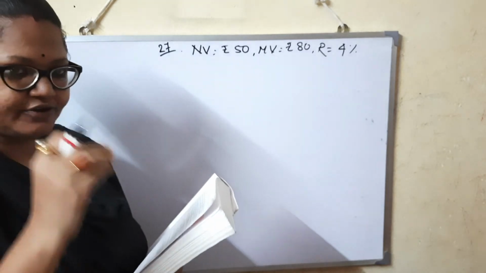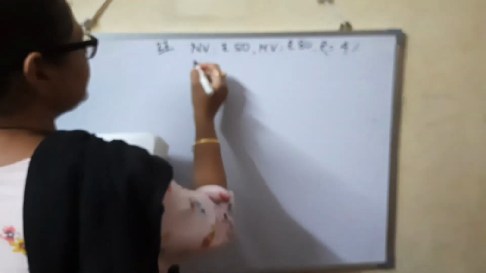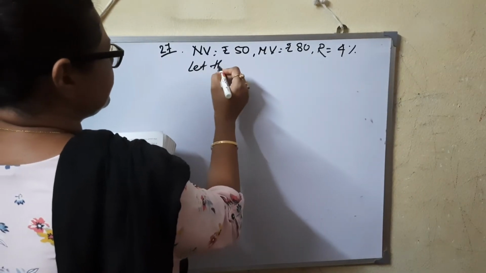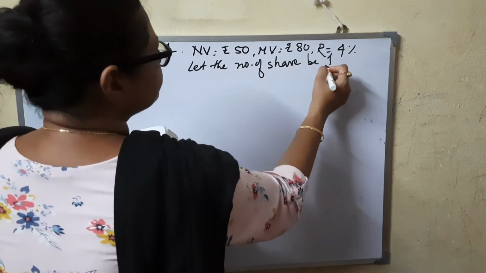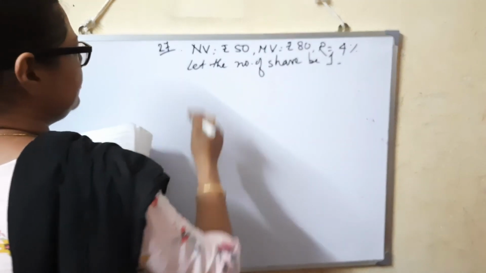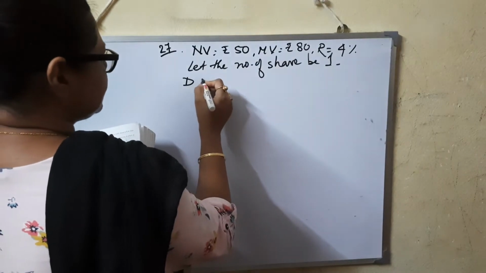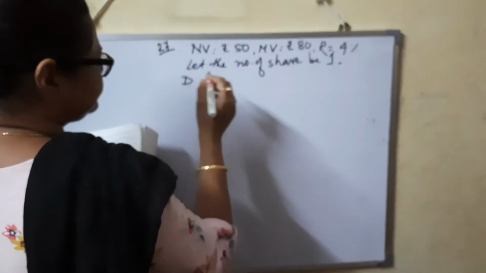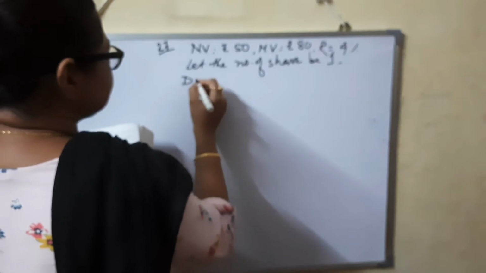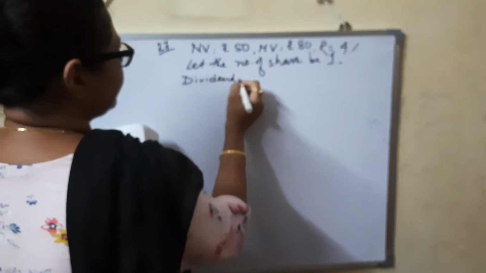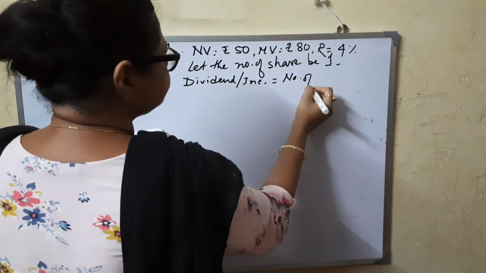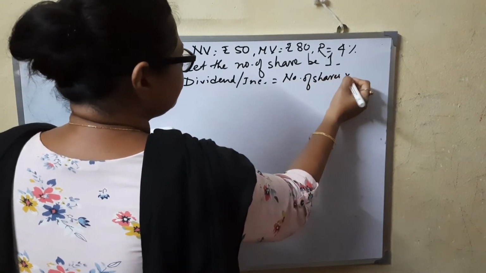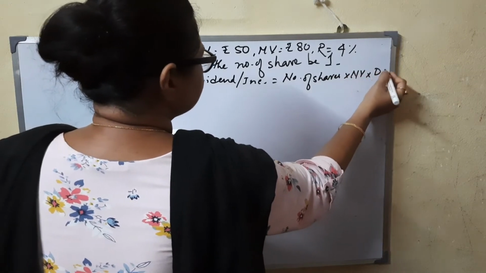That 200 shares we are going to calculate later on. First, let us find out the dividend percent. So for this case, let the number of shares be 1. Dividend we don't know, let us take it as D. So dividend or income, whatever you want to call it, is number of shares into nominal value into dividend percent.